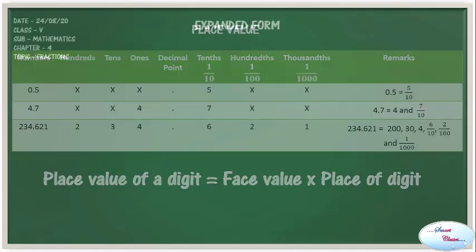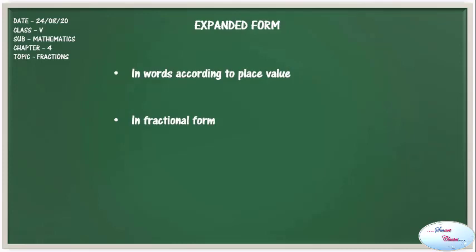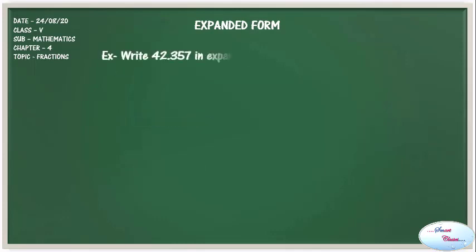Now, the expanded form. A decimal number can be written in expanded form in three ways: in words according to the place value, in fractional form, and in decimal form. For example, let's write 42.357 in expanded form.